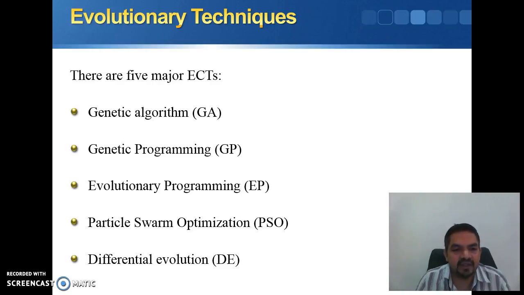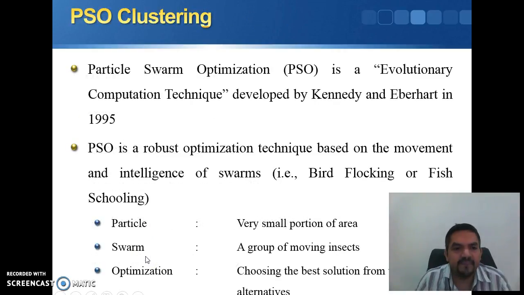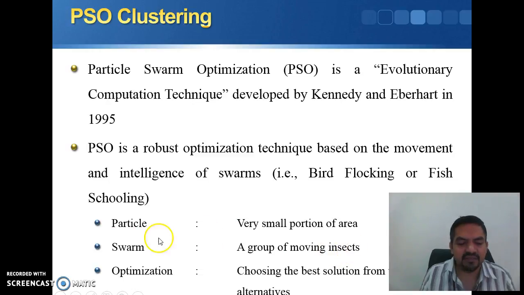These are called evolutionary techniques. By applying optimization, we have genetic algorithm, genetic programming, evolutionary computation, particle swarm optimization, and differential evolution. PSO, particle swarm optimization, is an evolutionary computation technique developed by Kennedy and Eberhart in 1995. Particle means a very small portion, swarm means a group of moving insects, and optimization means choosing the best solution from the available alternatives.